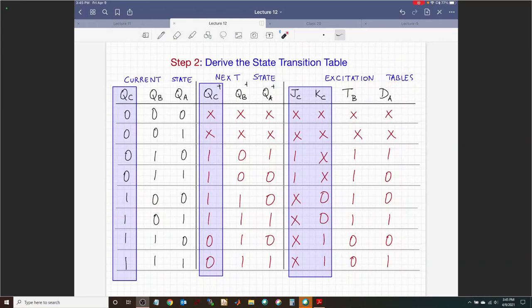K-maps, that's right, but small ones. I'm going to find logic expressions for these four in terms of QC, QB, QA.